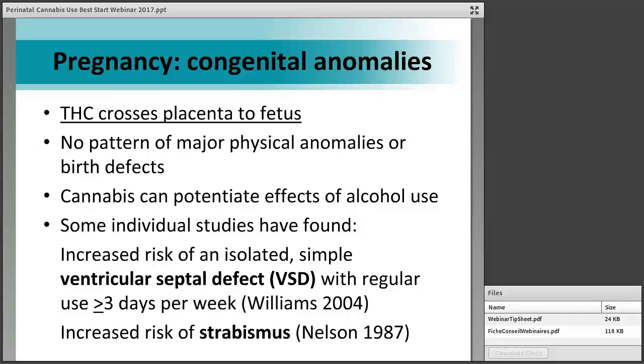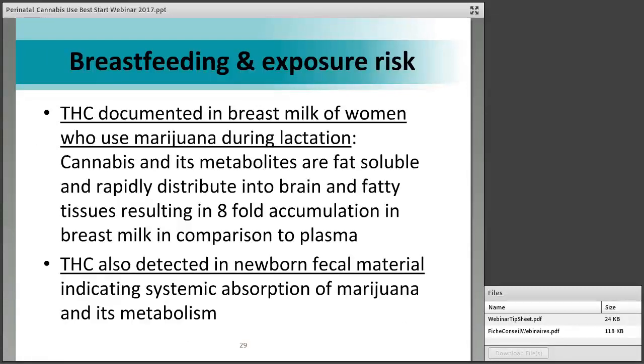It could be that women over-identified cannabis use because they had no other factors to associate with the outcome, or maybe it was under-identified if women had to self-report cannabis use in the past. So again, I don't think we have any convincing evidence that there's a specific defect, but women should know that there are these specific abnormalities identified in the literature, and obviously the less they use, the safer it is for their pregnancy outcome.